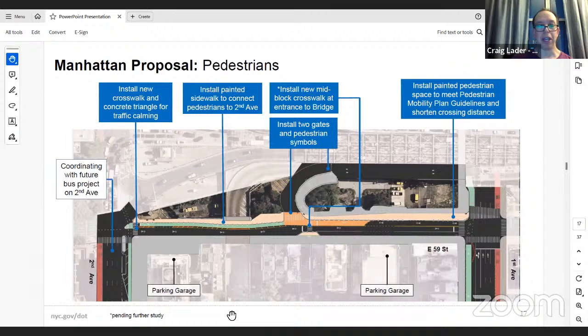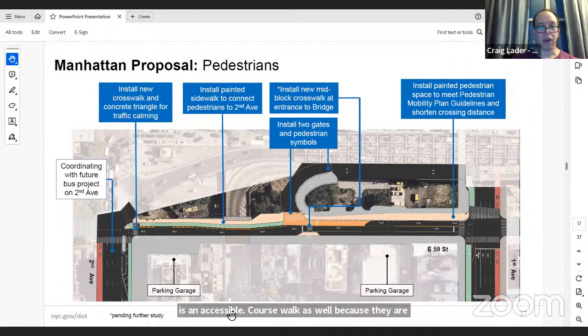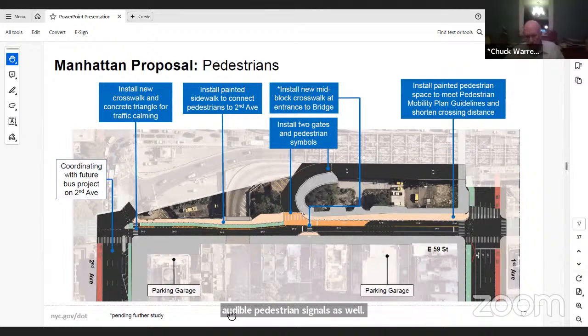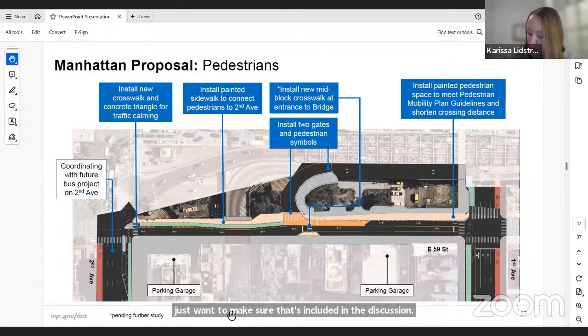And also just want to make sure that it is an accessible crosswalk as well, because there are likely going to be people who are going to be needing that, and perhaps audible pedestrian signals as well. I just want to make sure that that's included in the discussion. Great, thank you for those comments.